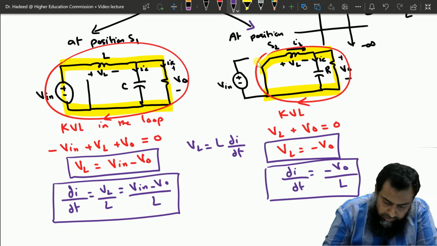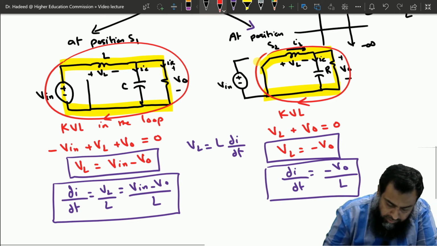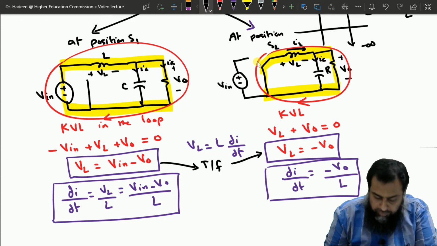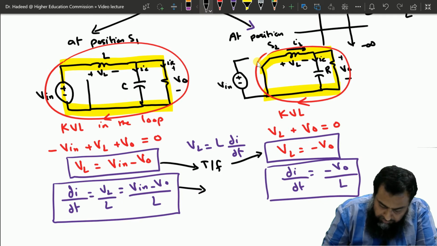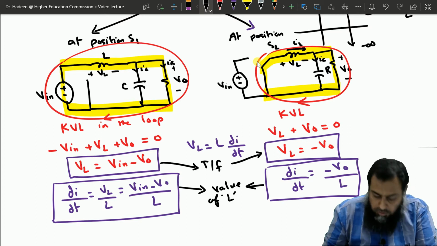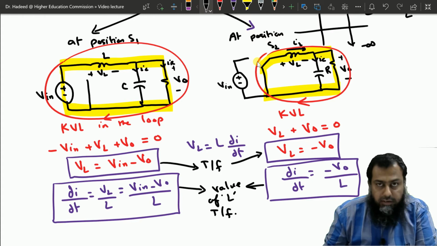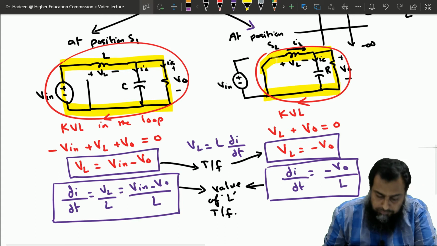So this upper voltage, let me write it here, provides me a transfer function of this given circuit, and this will provide me the value of the inductance L I will get by drawing these two. Also notice here that these two can also provide me the transfer function of this given circuit, as I will demonstrate in today's class.